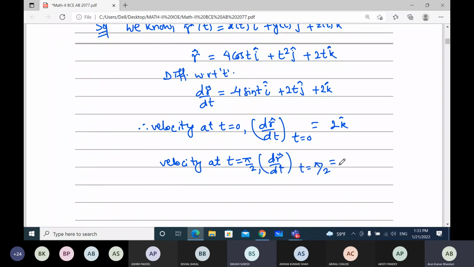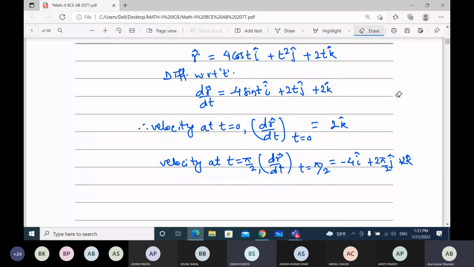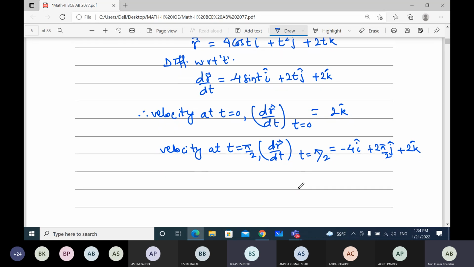This turns out to be pi by 2, sine pi by 2 is 1, minus 4i plus 2 pi by 2 j plus k, 2k. This is the velocity at t equals pi by 2.